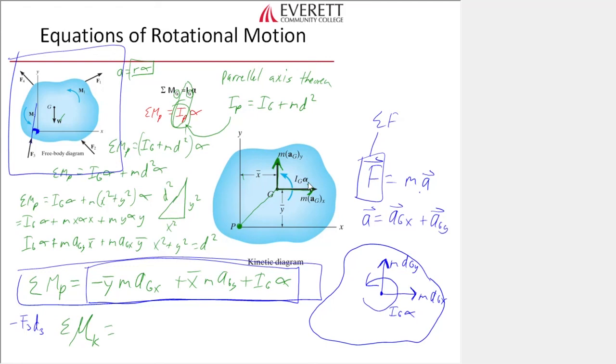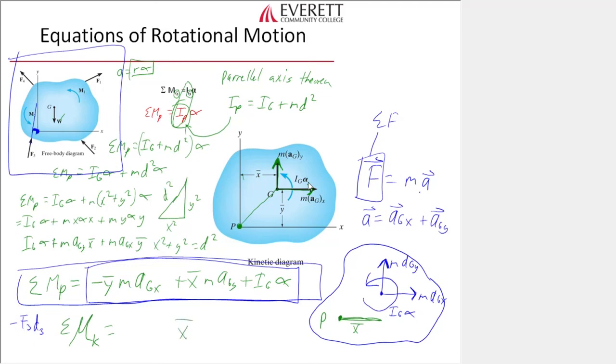We have point P over here, and if I find all of the kinetic moments about point P, well, what's this distance? That distance is x bar. If I put my thumb on P and point my fingers towards this force, it would curl my fingers, so it would be m a_Gy times x bar is one moment about P.